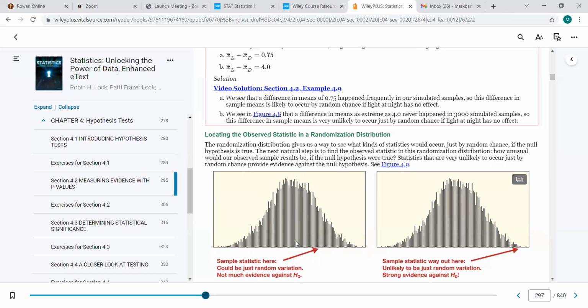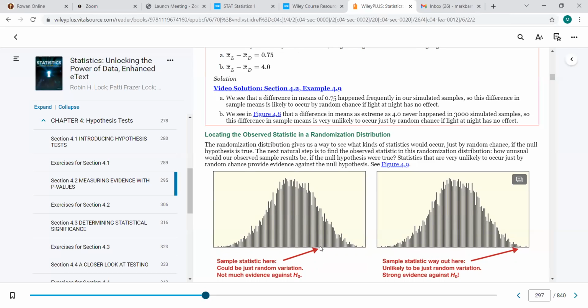So when the difference is 4, it would seem highly unlikely that the true population difference is 0, because of how many of these dots are at least 4. How many dots do we see here? There's only like 3 or 4 of them, right, down here.